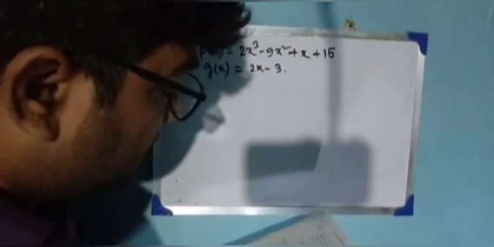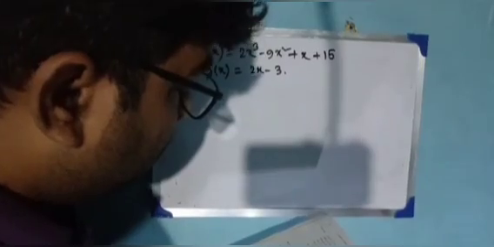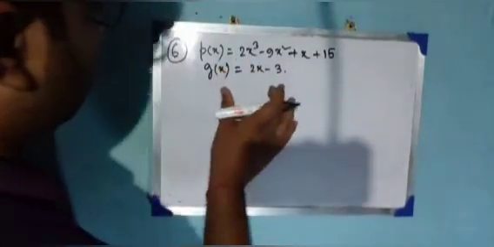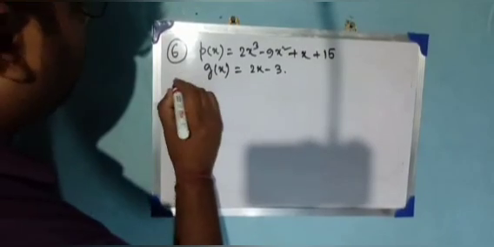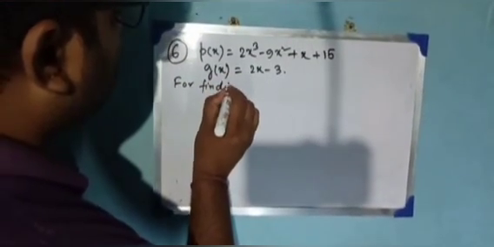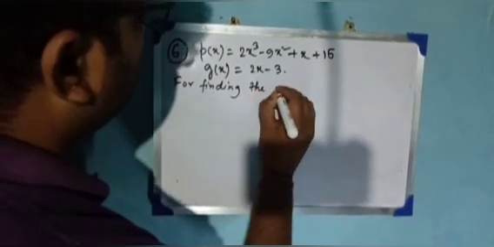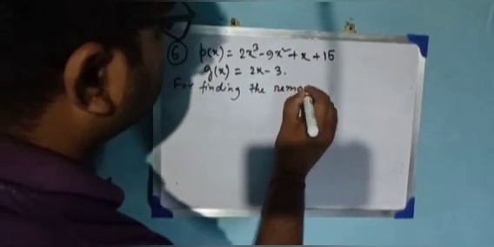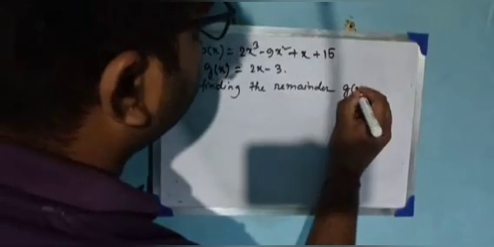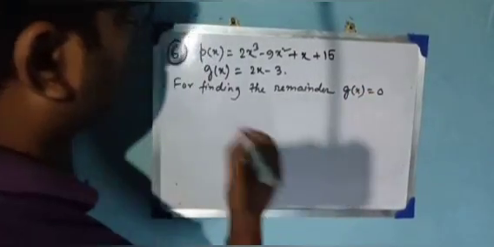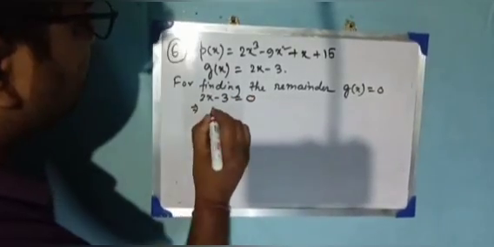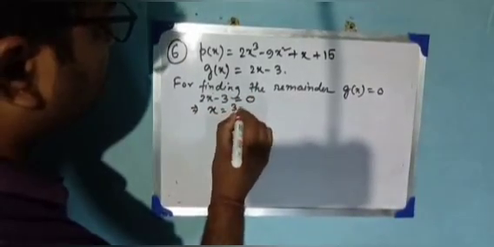So using the remainder theorem, we have to find the remainder. For finding the remainder, g(x) equals 0. That means 2x minus 3 equals 0, that means x equals 3 by 2.